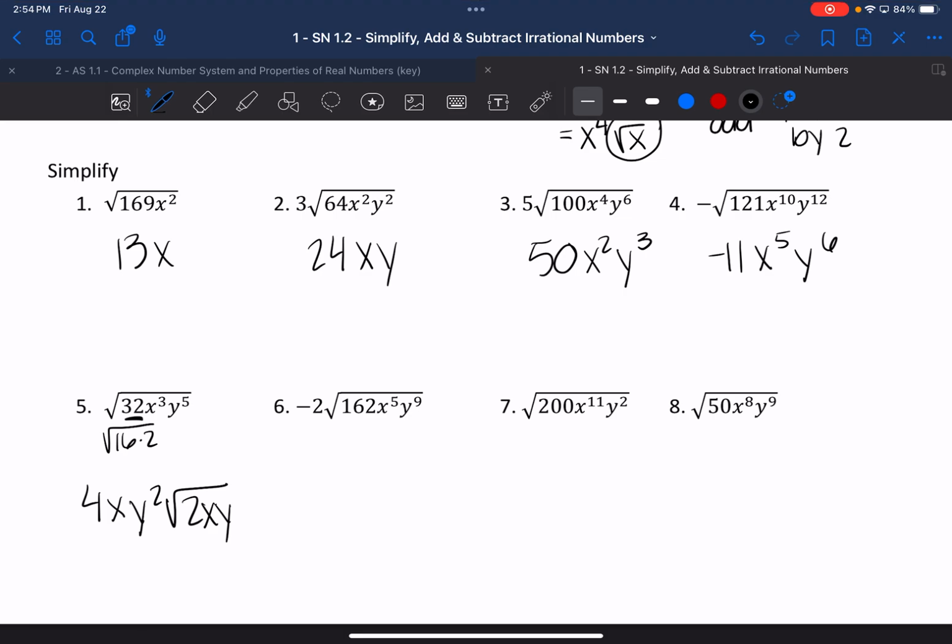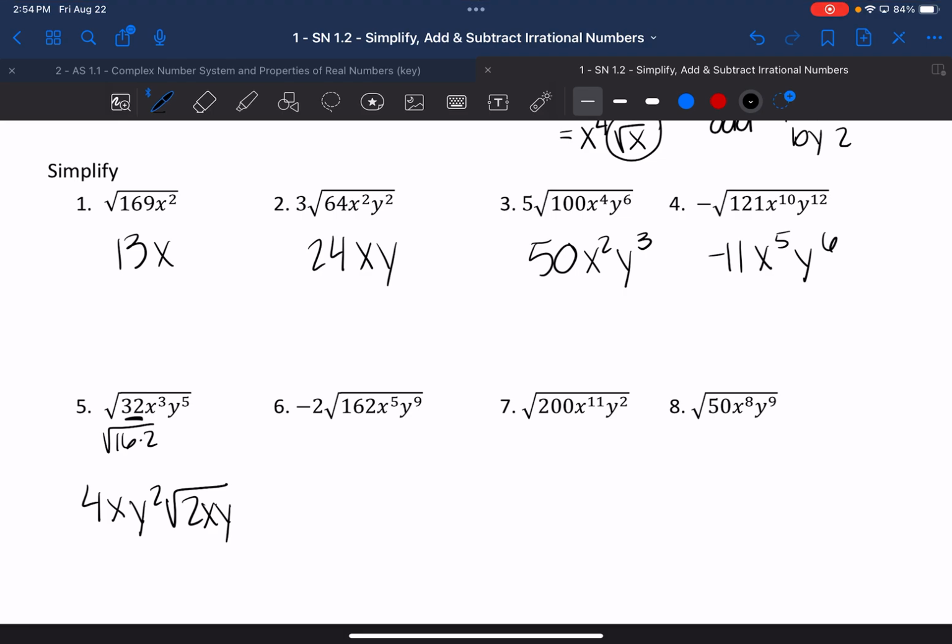Is there a perfect root of 162? Hey guys, if you have a hard time figuring out what you should choose as your numbers that multiply to give you that value, I would always start by asking myself, what is half of that number?